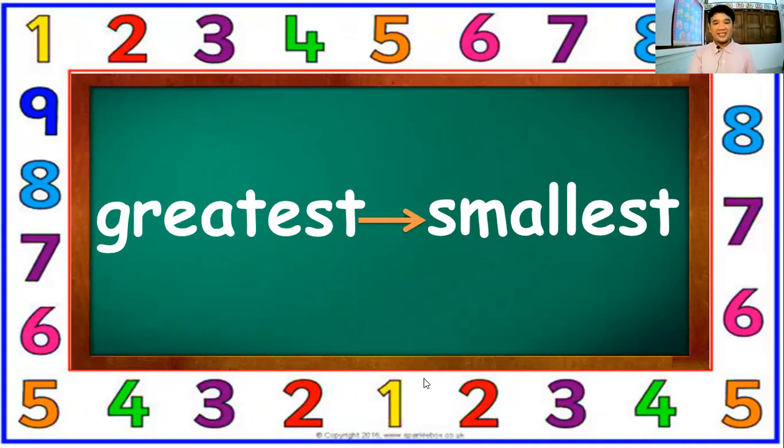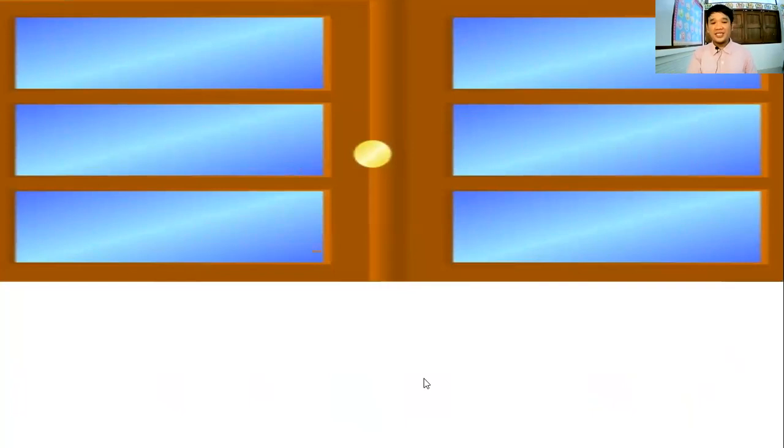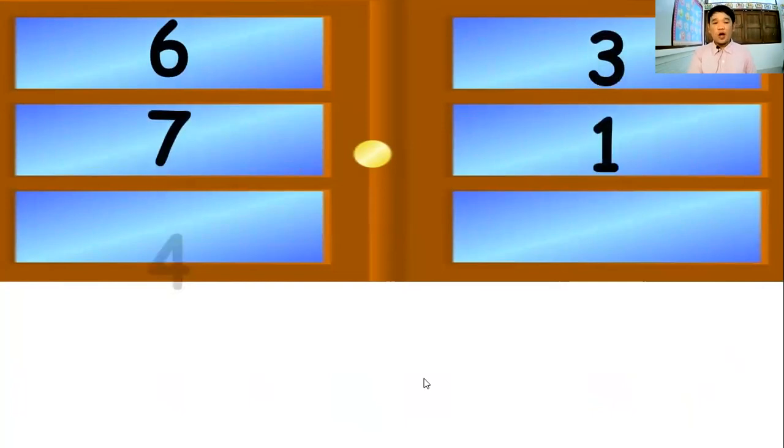Another one. Greatest to smallest. So we have here the choices. And the given numbers are the following: 6, 3, 7, 1, 4, and 9. So order the numbers from greatest to smallest. Which of the following is the first answer?